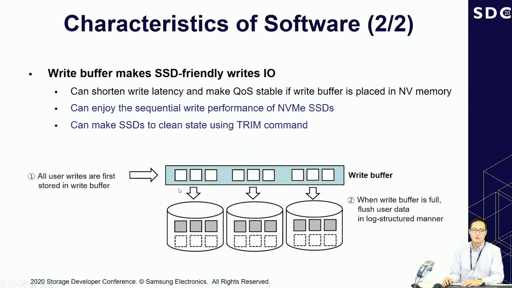Thus, it can shorten write latency to provide stable QoS. Also, the write buffer easily sequentializes user writes. We can enjoy the sequential write performance of NVMe SSDs, which is three times higher than random performance. And with the log-structured write strategy, you can easily make the SSD return to clean state using the trim command on all data.